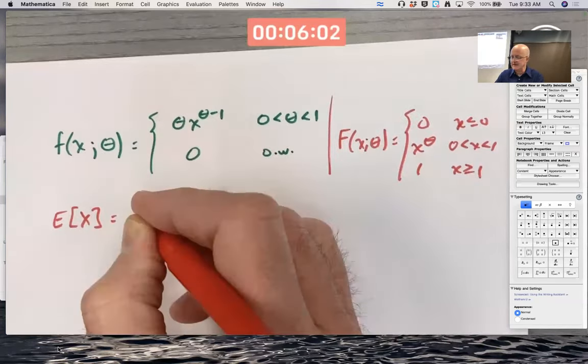I'm assuming all these x's are between 0 and 1 for this example. And based on the formula for the PDF in that case, you got a product of a bunch of expressions that look like this, theta times x sub i to the theta minus 1.